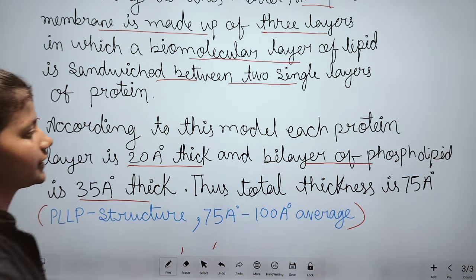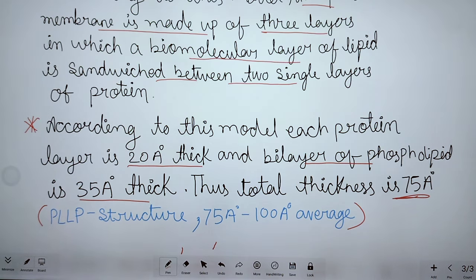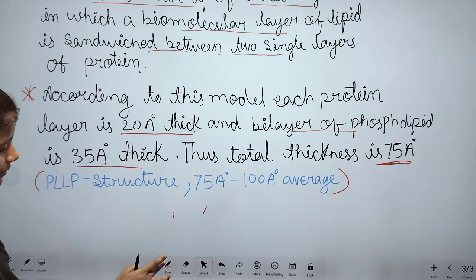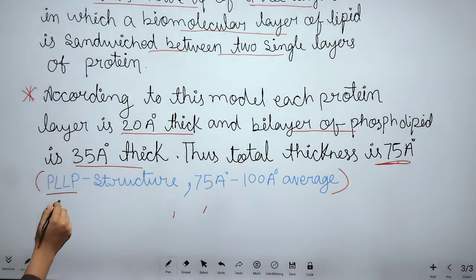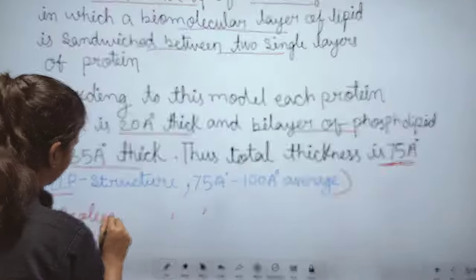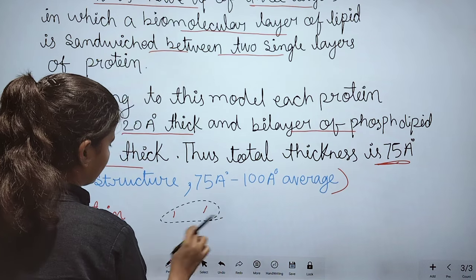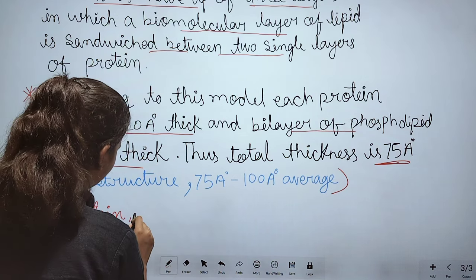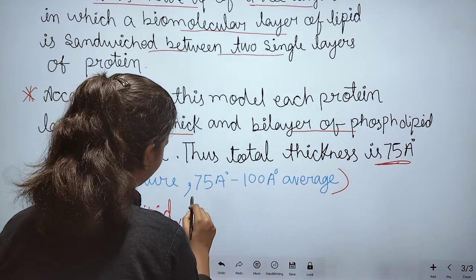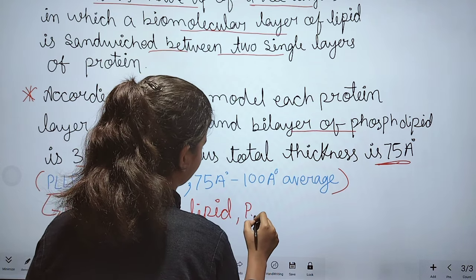Thus the total thickness of the plasma membrane is 75 angstrom, and it is structured like PLP: protein, lipid, protein.